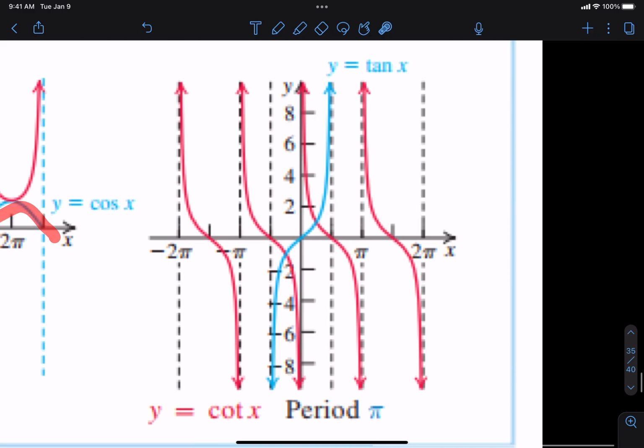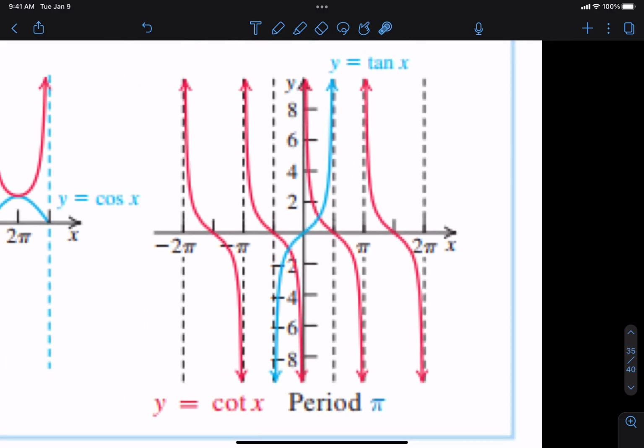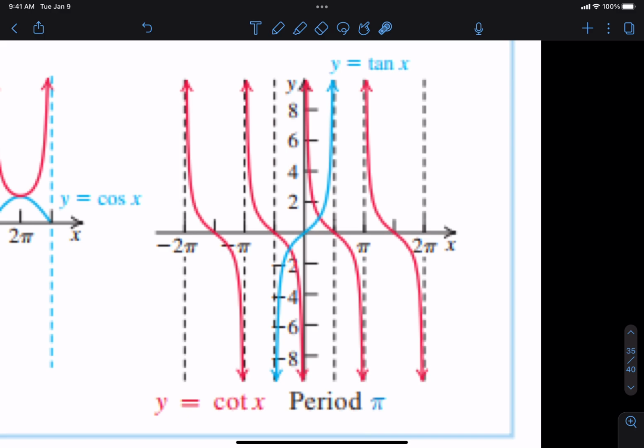And for cotangent, I know this looks really strange, but let me see if I can try to motivate this. Remember, we're doing the reciprocal. So when tangent gets close to 0, what kind of behavior will that produce for the reciprocal? Well, I'll be getting close to dividing by 0.